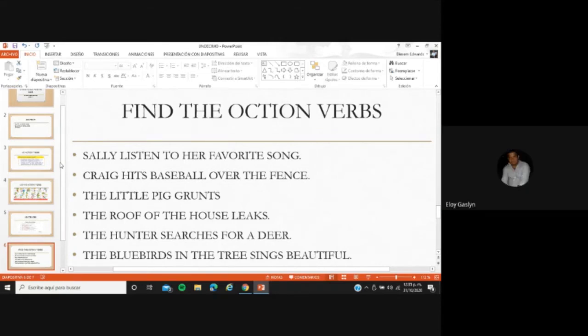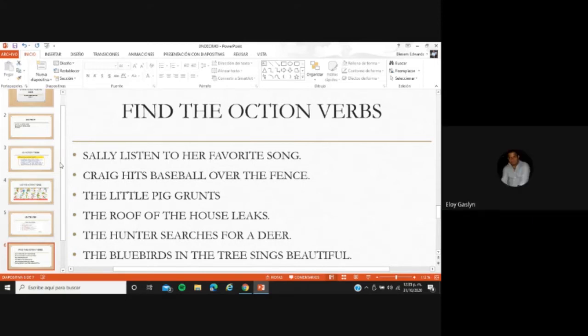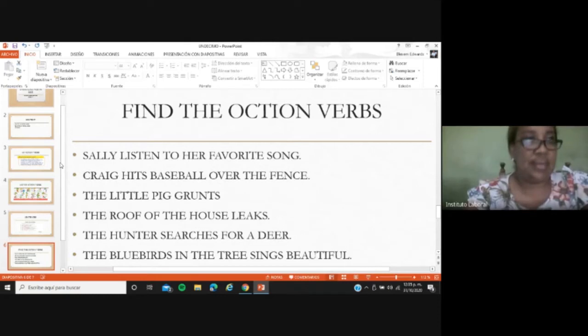Buy. Okay, compró. Judy solved the mystery. Solve, resolvió el misterio. Adol find a purple crayon. Finds. Okay, so this topic is very easy to understand. Es bien fácil este tema para que ustedes puedan entender cómo pueden encontrar la acción del verbo.